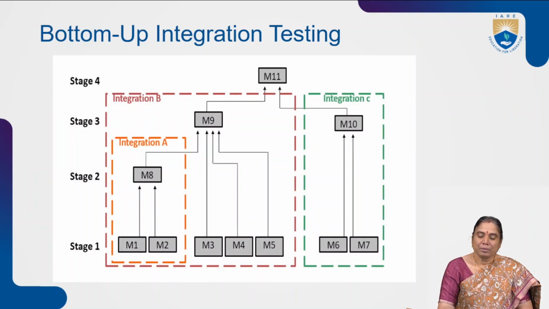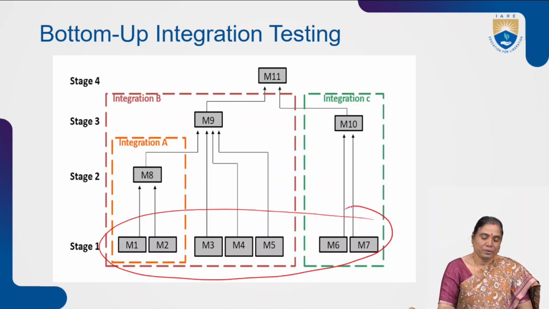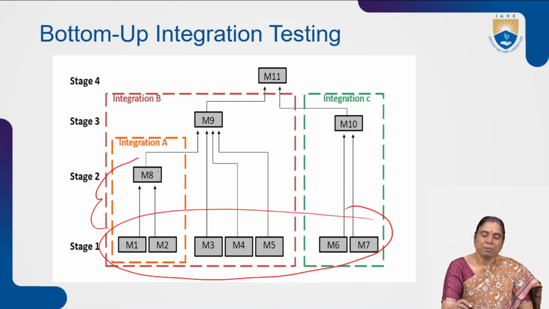Consider this example. Here, the lower level modules are first concentrated on and tested. Then they are integrated with the next higher level. All these modules are independently tested by unit testing, then integrated with M8, the next higher level module.